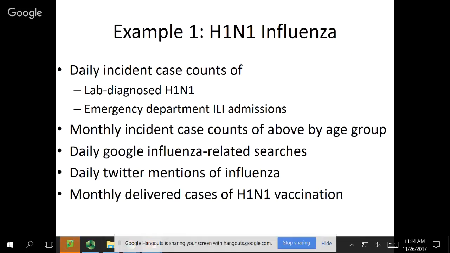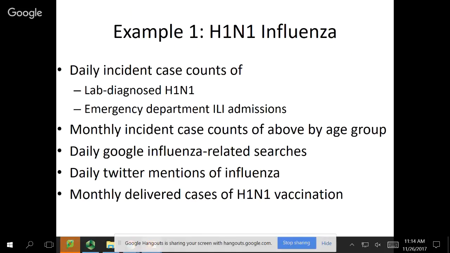An example of this is H1N1 influenza, where we might have at any one time daily incident case counts for lab-diagnosed H1N1, and on the other hand, emergency department ILI admissions, just based on influenza-like illness symptoms, people admitted to EDs because of it, many of which may be H1N1, but not all.